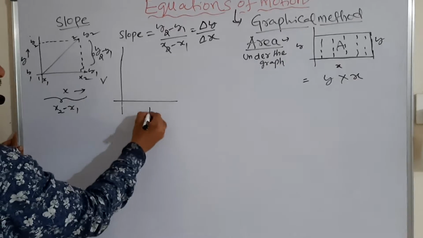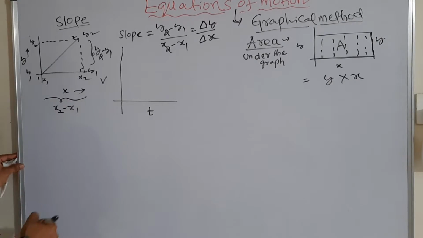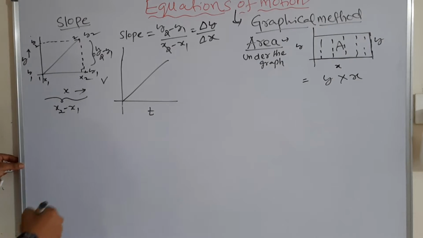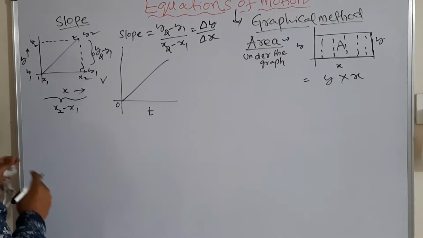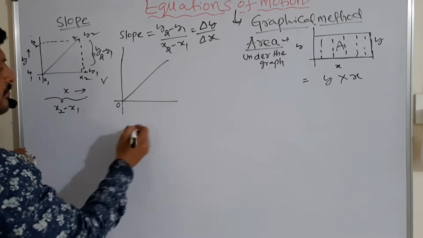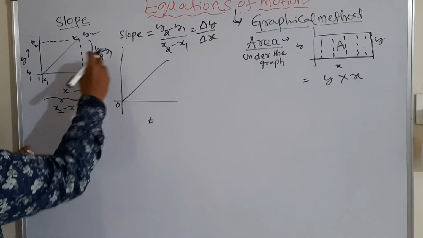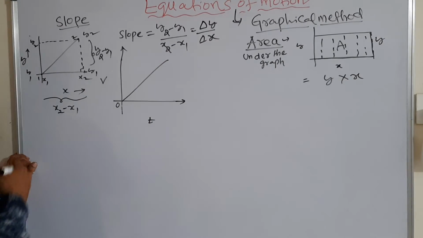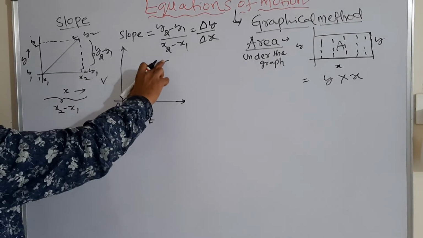So velocity time. Right. First I want to find slope. So here origin. So velocity time graph. Velocity is taken on y-axis. Time is taken on x-axis. This is the slope. We want to find this slope.